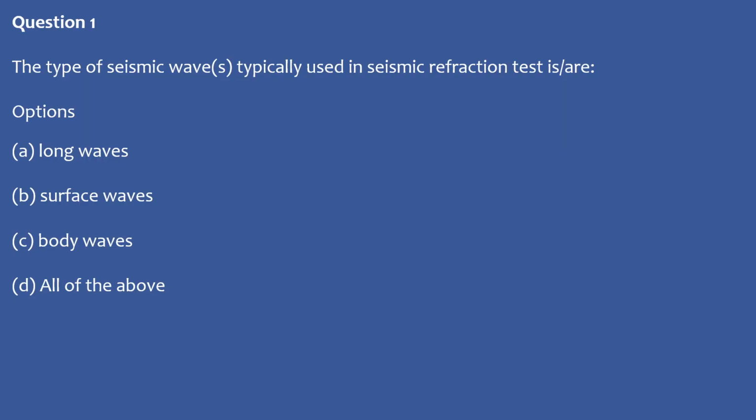So the first question given to you: the seismic reflection test is a type of geophysical investigation test, and in that test we need to analyze what type of waves are used to investigate the soil. Among these four options, you need to identify the type of seismic waves typically used in the seismic reflection test.